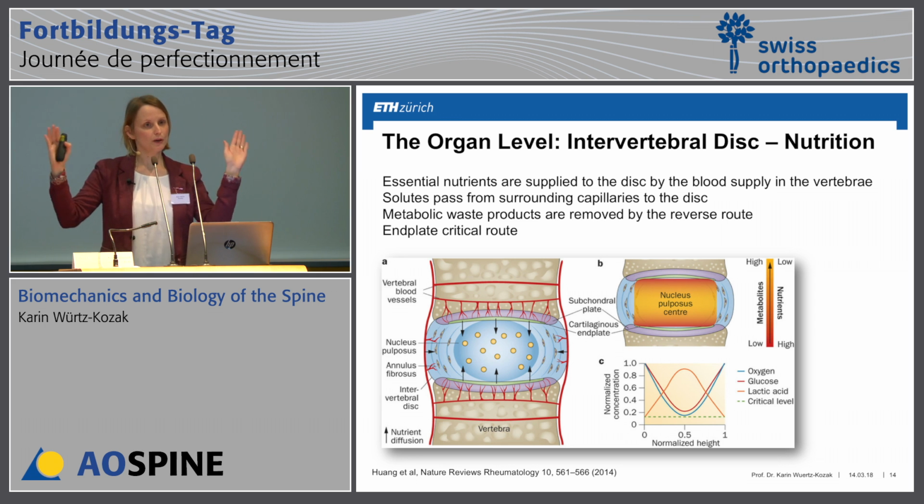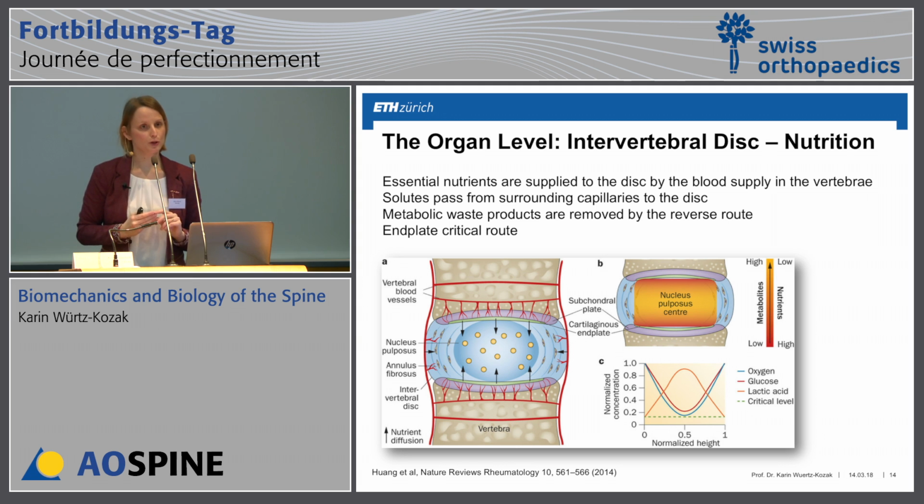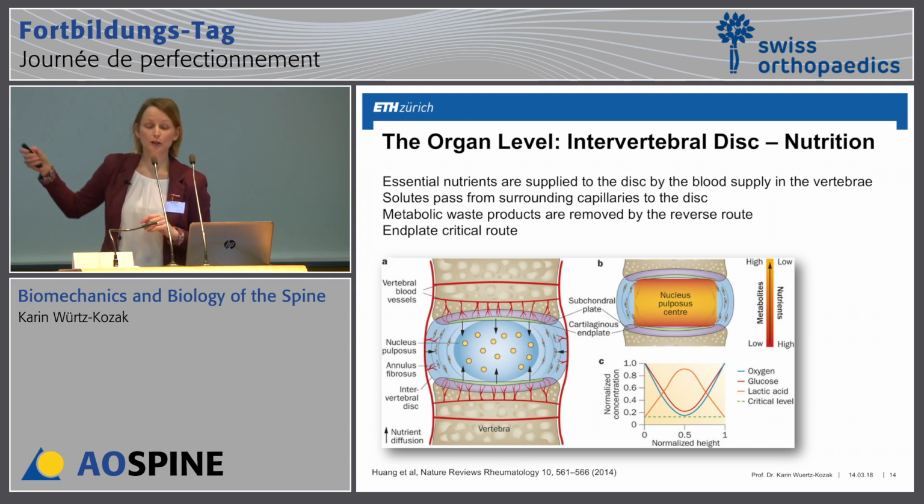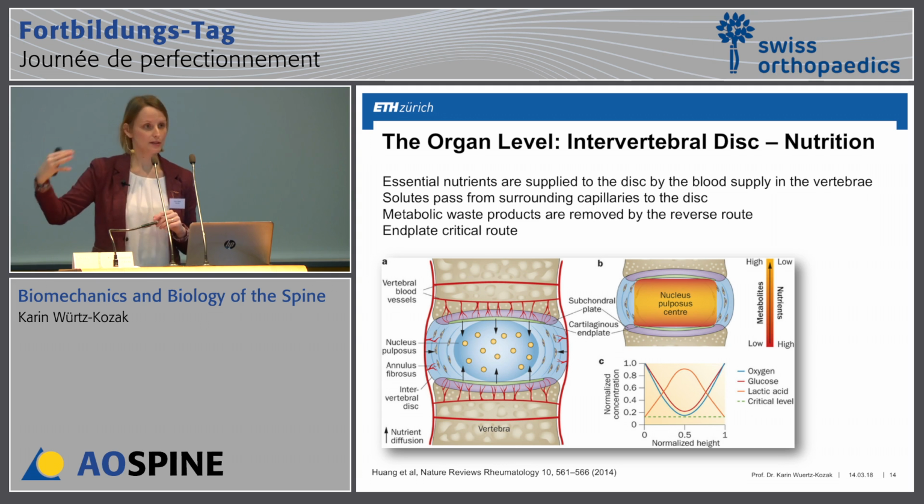When you go from the outside towards the inside of the intervertebral disc, you have lower nutrients, and also lower oxygen, because oxygen goes in exactly the same way via diffusion through the vertebra. On the other hand, the cells also produce waste products, and they need to go out exactly the same way, so they tend to accumulate in the middle and cannot really get out. One of the typical waste products of disc cells, or cells in general, is lactic acid.